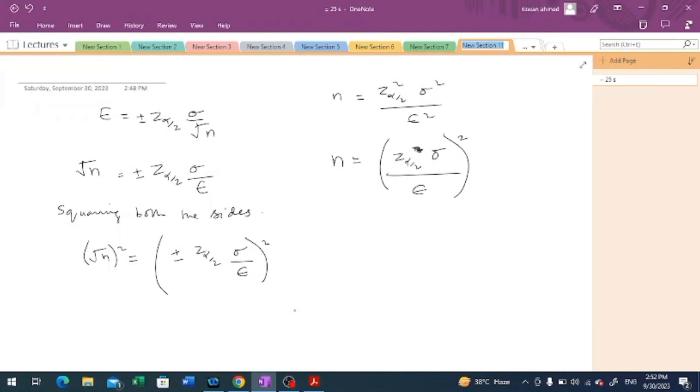So what if we would like to reduce the margin of error from plus minus 1.79 in absolute terms, from $1.79 to $1.2? This is the new margin of error value. So we need to determine the sample size desired to reduce the margin of error from 1.79 to 1.2.